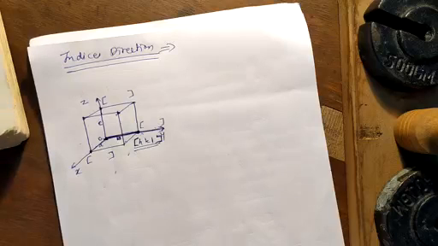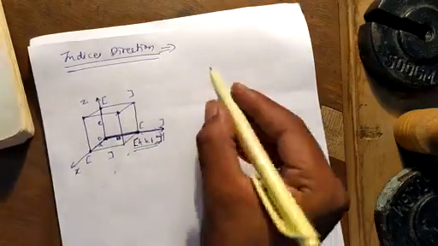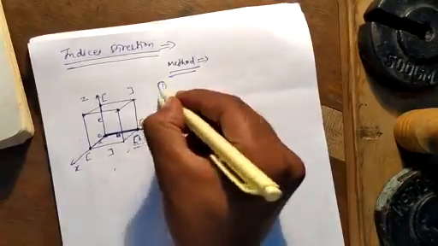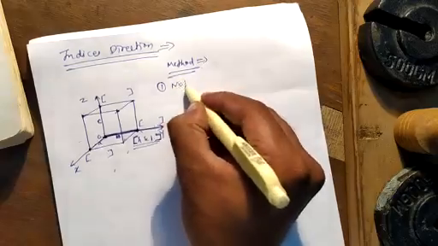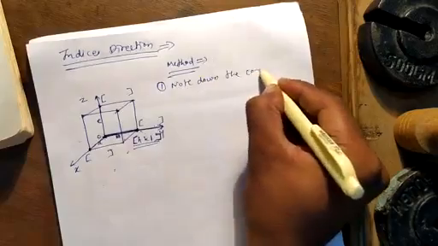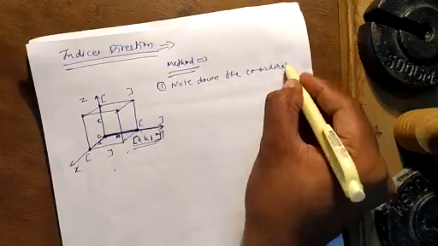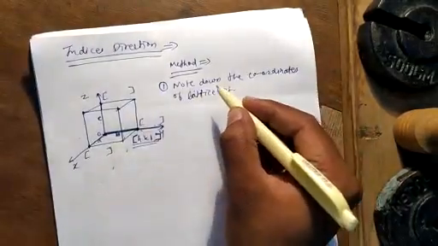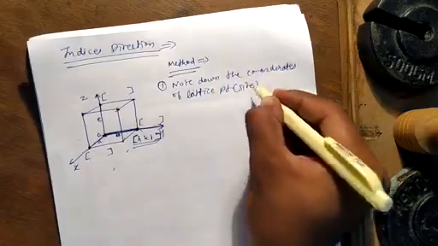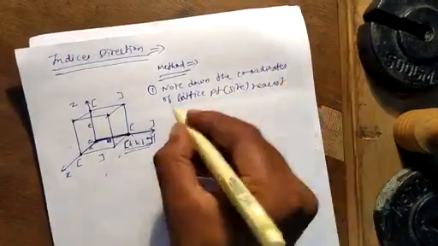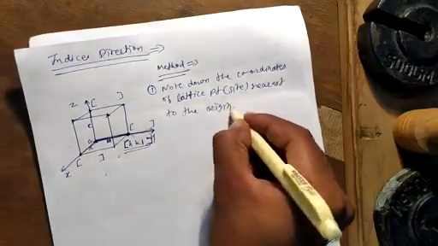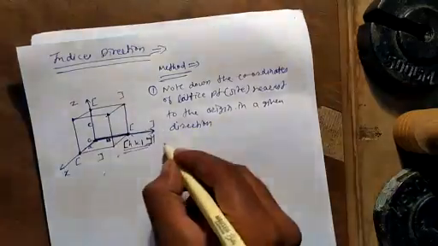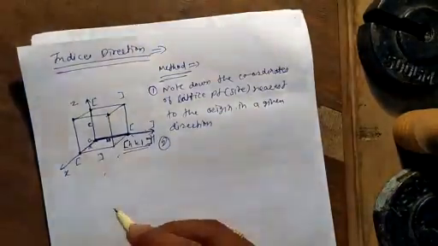The first step in describing the indices direction is to note down the coordinates of the lattice point or lattice site nearest to the origin in a given direction. Second is to divide the coordinates by the appropriate unit translation.